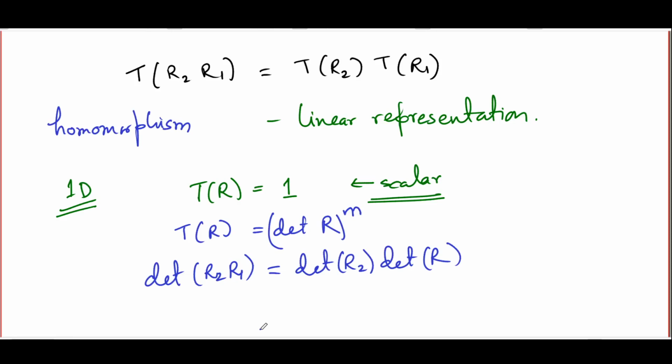However, let me point out that if you are sticking to rotations and rotations alone, determinant of R is simply 1. So these infinitely many different possibilities are actually not different possibilities at all. All of them really tell you that TR is 1. So under rotations, these do not give you any new possibilities.